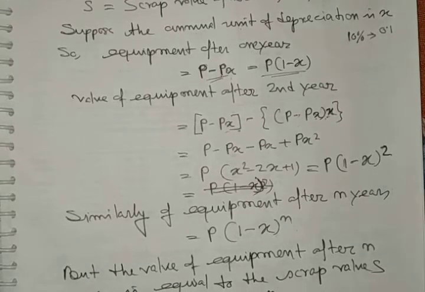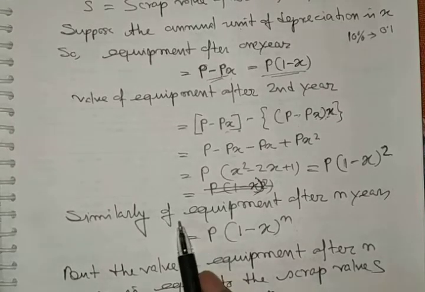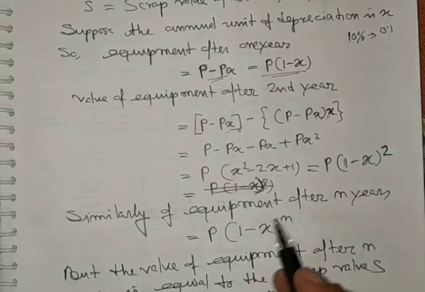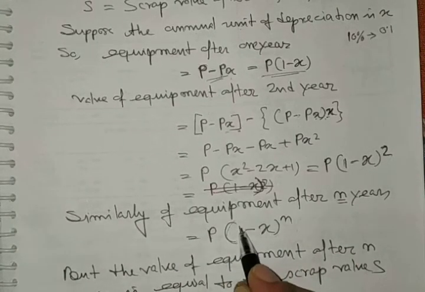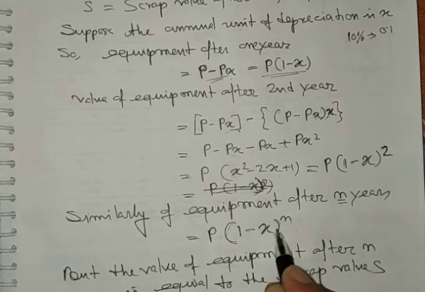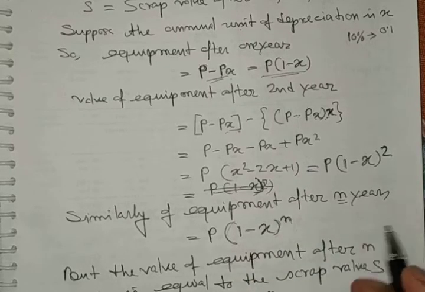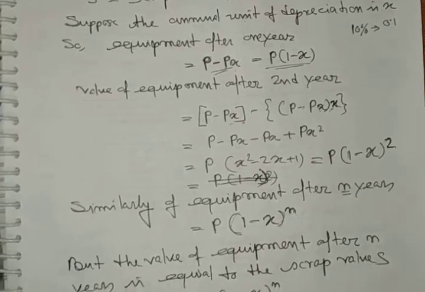Similarly, if you proceed, the value of the equipment after n years will be P into (1 minus X) to the power n.